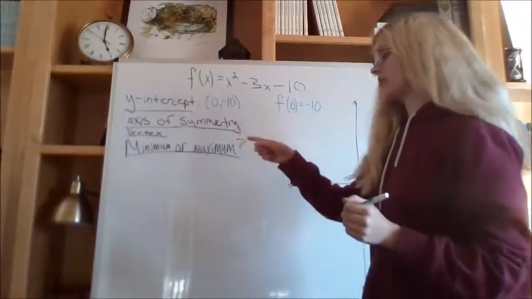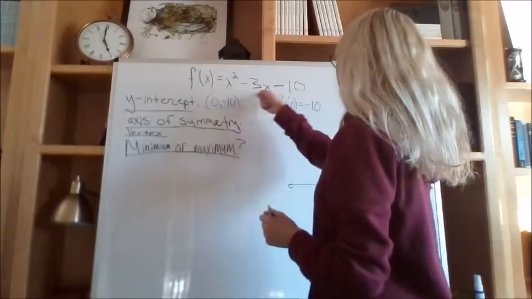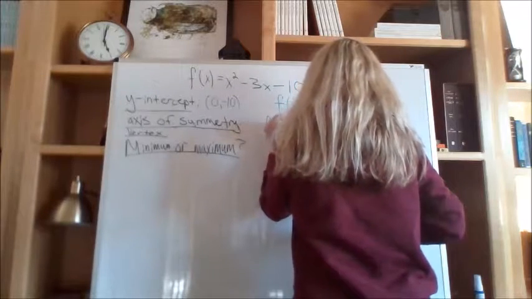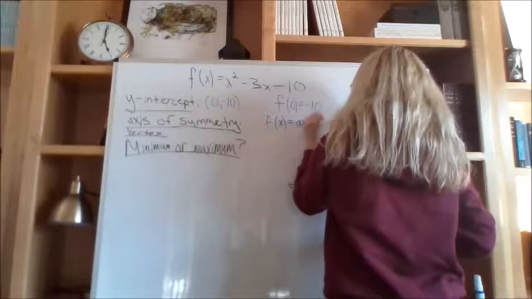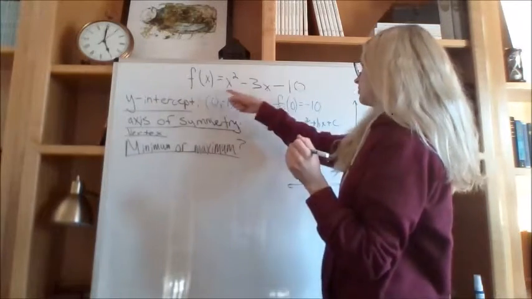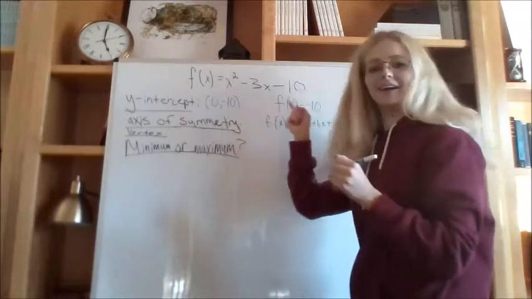Next, we find the axis of symmetry. And we do this by considering this equation in the form f of x equals ax squared plus bx plus c. In this case, a is 1, b is -3, and c is -10.